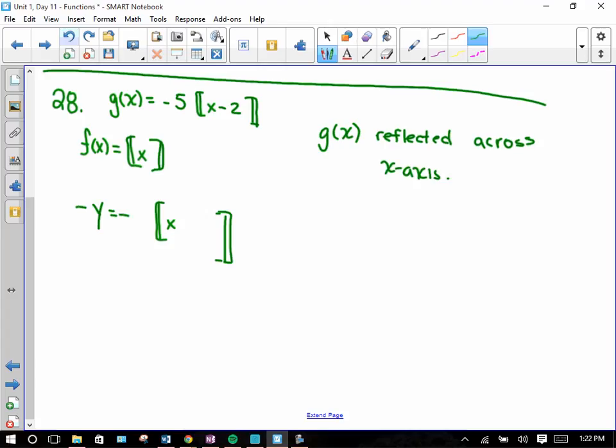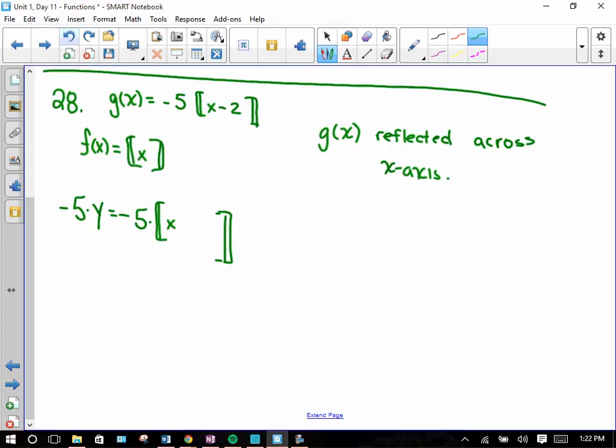Now, Leilani, the negative sign reflects across the x-axis. Alright? Now, it says negative 5 times this. So what I did was I had that negative, and I have 5 times that. 5 times y. So what's happening to all my y values? What are they being multiplied by? They're being multiplied by 5.